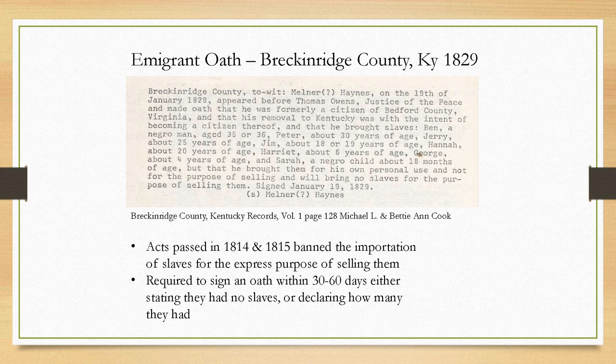Sometimes they'll give the ages, sometimes they won't. But these are also good if you want to try and verify when an ancestor came to Kentucky. These are not things that I've seen a whole lot before. I actually came across this for the first time a couple of weeks ago.